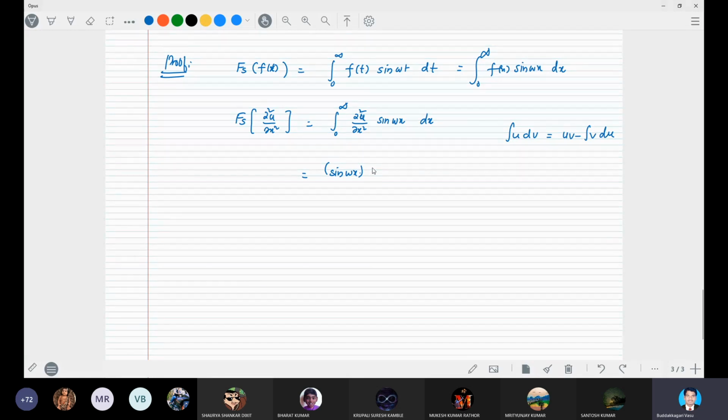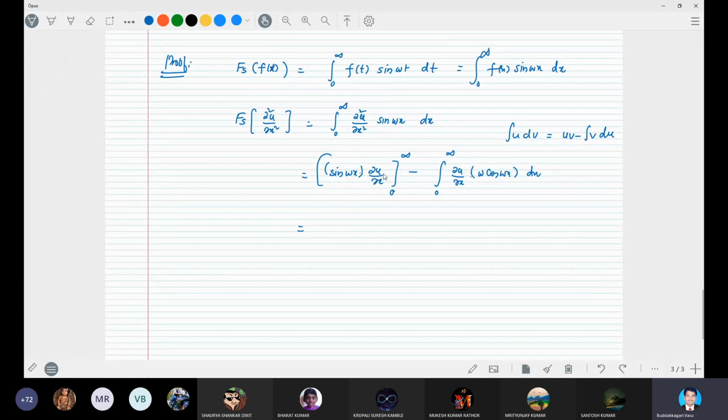Therefore v will be ∂u/∂x, and the limits are 0 to infinity. This is uv minus integral v du, where the derivative of sine omega x is omega cos omega x, dx, from 0 to infinity.